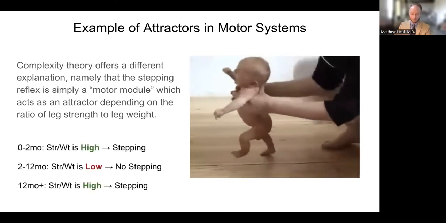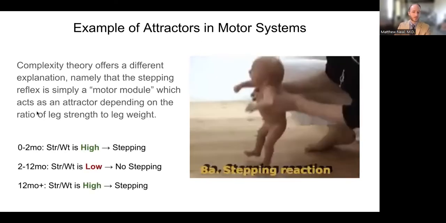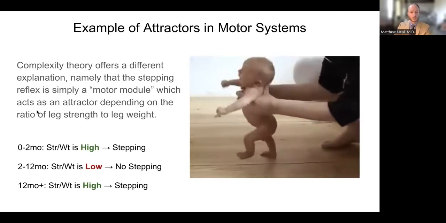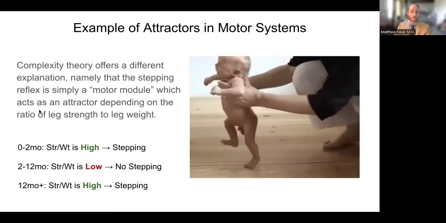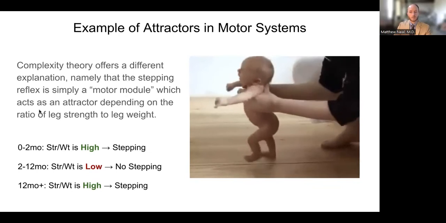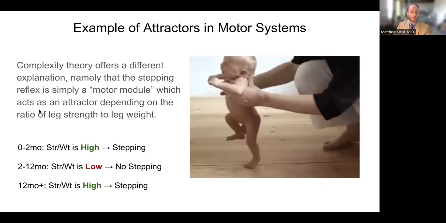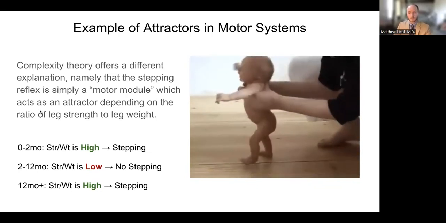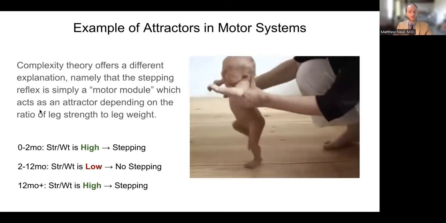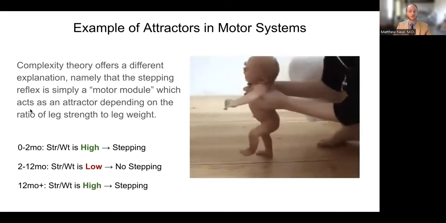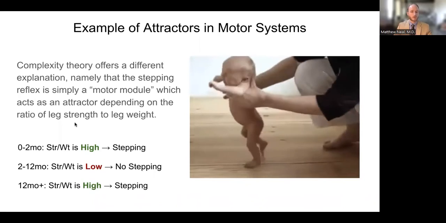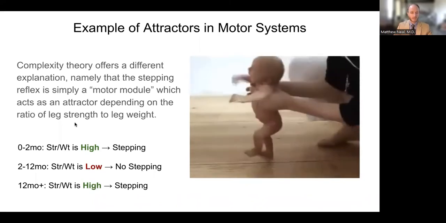And so what they found was that the strength to weight ratio in a neonate, right, is relatively high. Baby legs are not very strong, but when a baby's just born, the weight is not very high either. So the ratio is high enough for this stepping reflex or this stepping behavior to manifest.